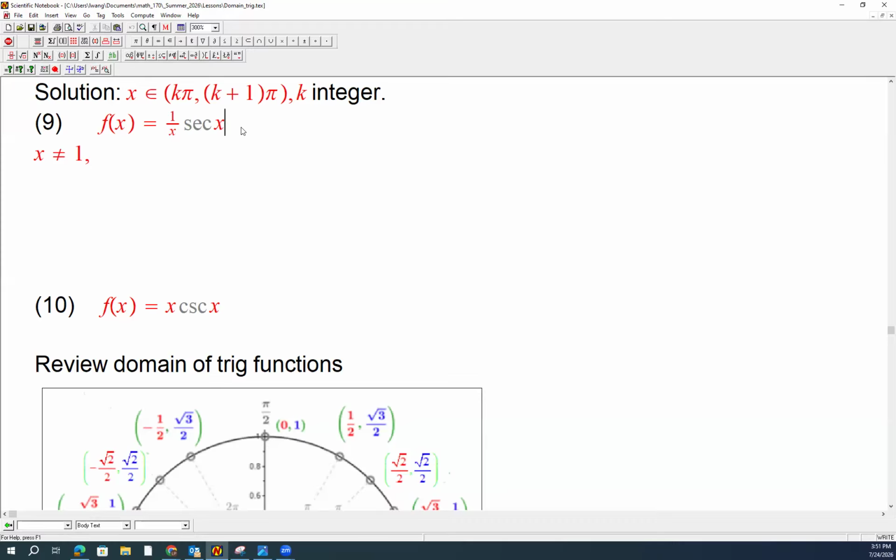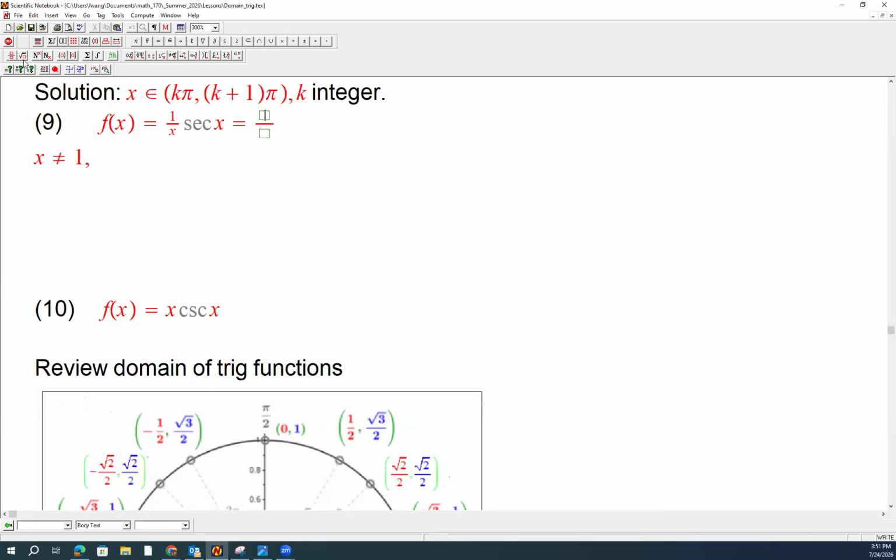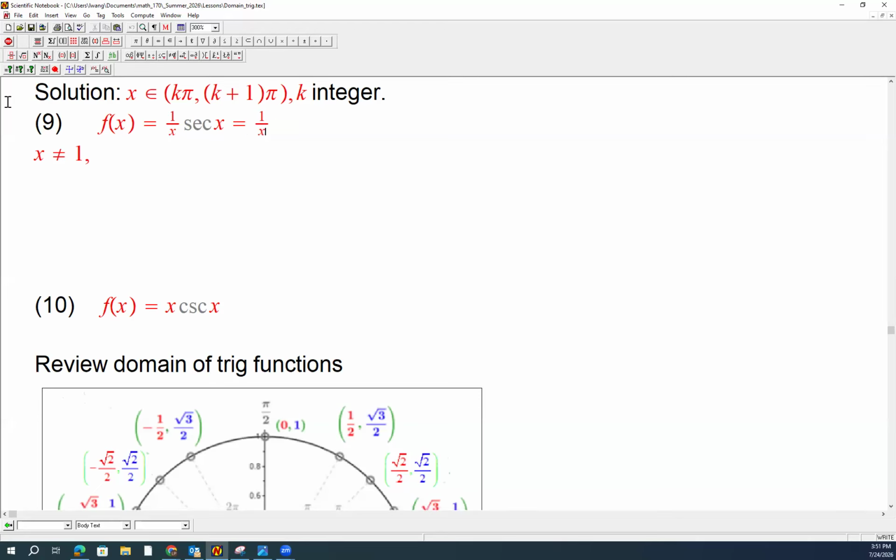Or we can also see this as another form, x times secant x, which is x over cosine x. With this relationship, cosine x cannot be 0 either.